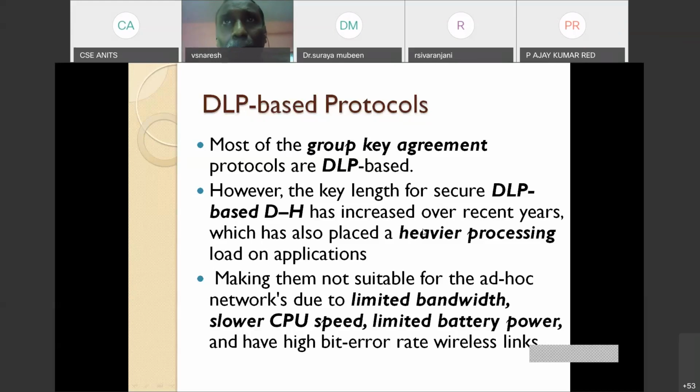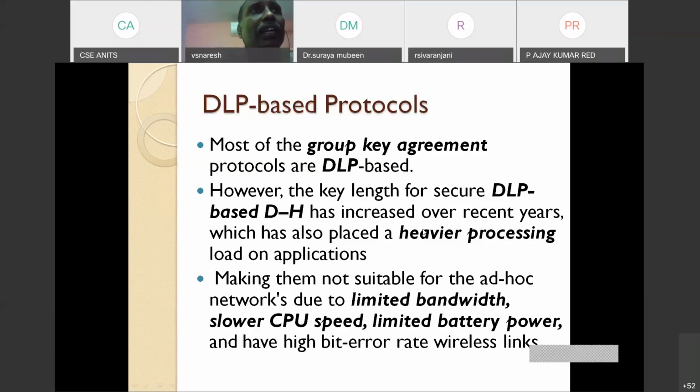Okay, so DLP is nothing but DH, making them not suitable for ad hoc networks and also resource constrained networks. Ad hoc network means it may not be static; it will be moving.